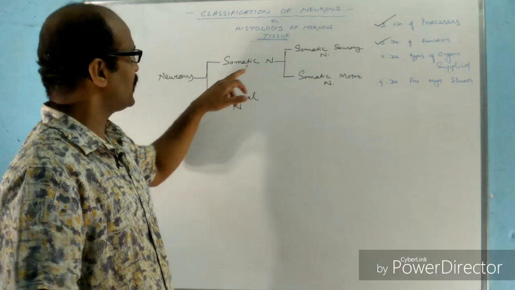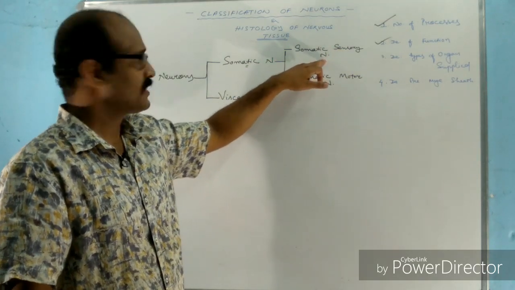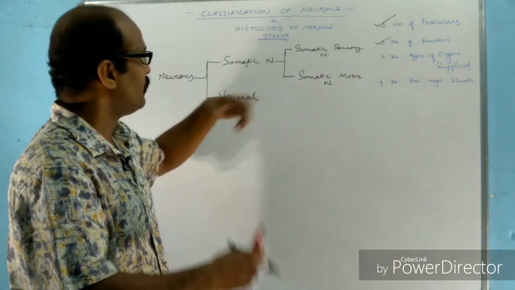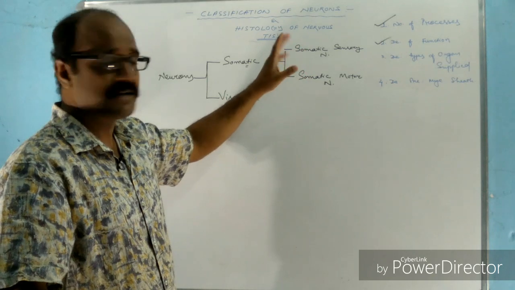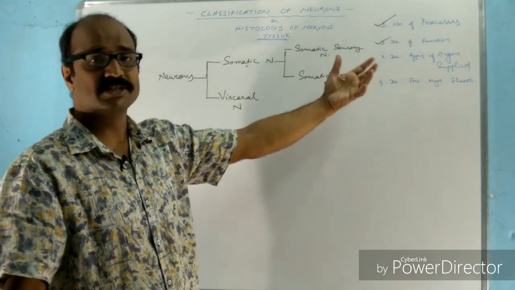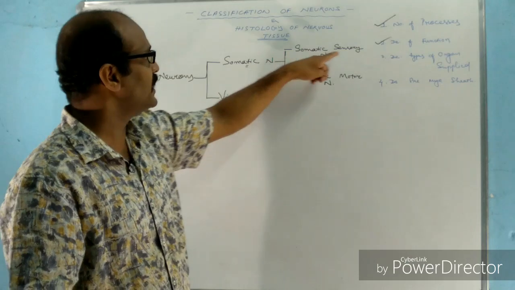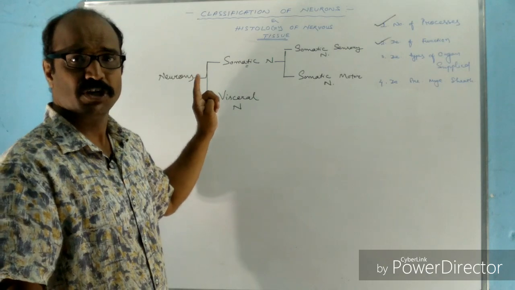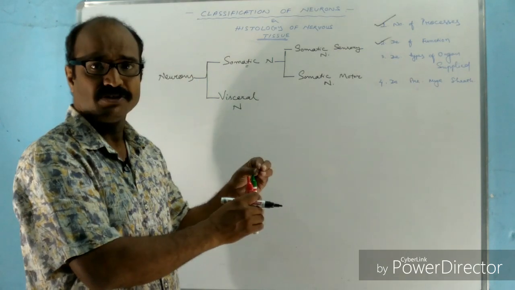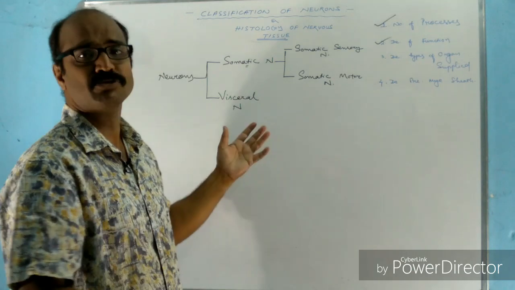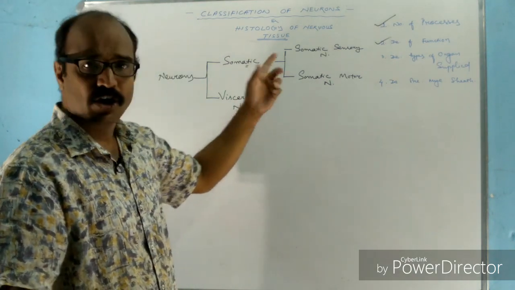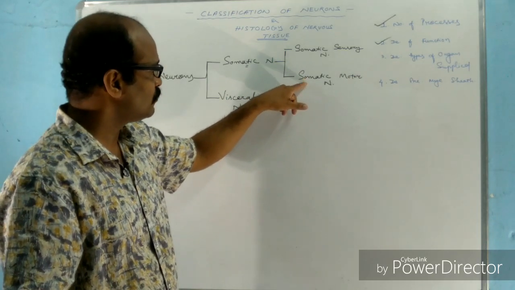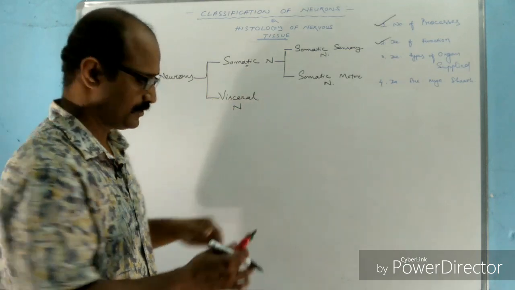If the somatic neuron conveys the nerve impulse from a somatic organ like muscle to the central nervous system, this is known as the somatic sensory neuron. If the somatic neurons convey the motor impulse from the central nervous system to the effector organs of somatic tissues or organs, these are known as the somatic motor neurons.